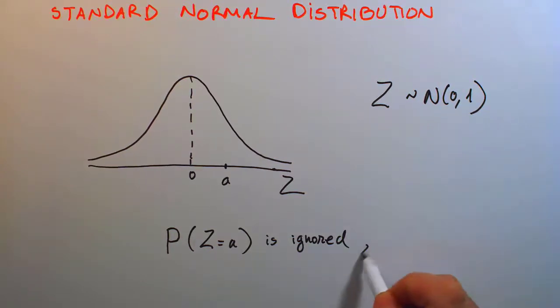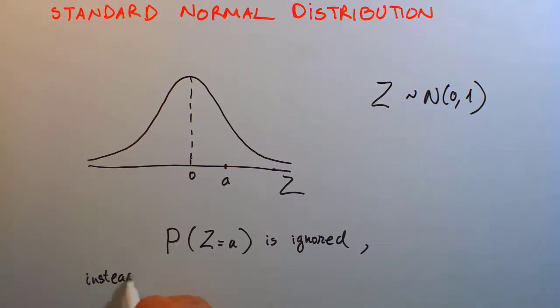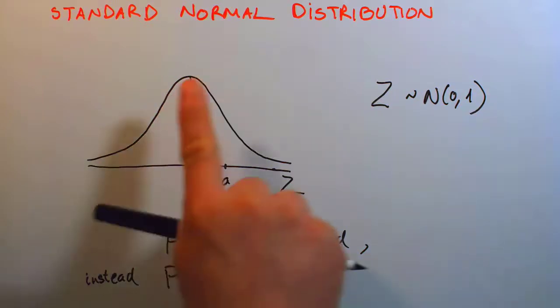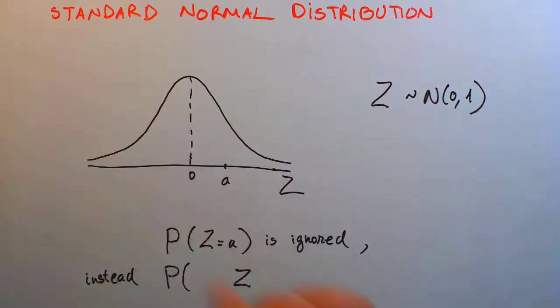And instead, we can answer the question: find the probability on this nice z curve, or nice standard normal distribution curve, where our z value takes place inside an interval anywhere from a to b. So this kind of question can be answered.